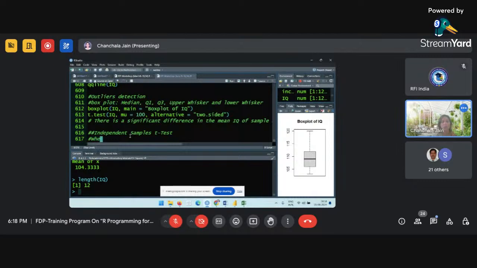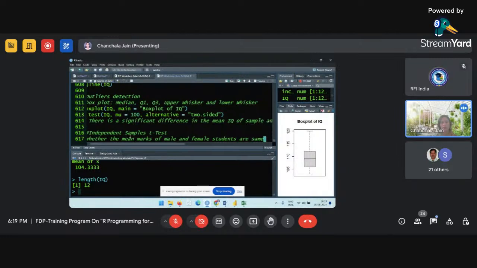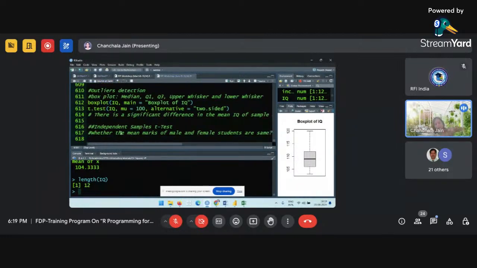So suppose my problem is I want to check whether the mean marks of male and female students are same. This is what I need to check.